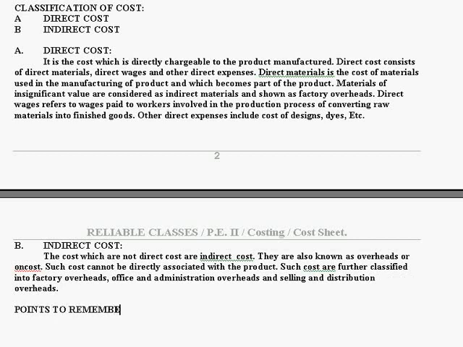Points to remember: 1. Following expenses are not included in cost sheet. A. Goodwill written off.